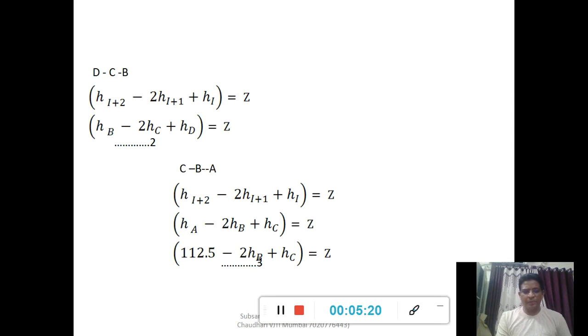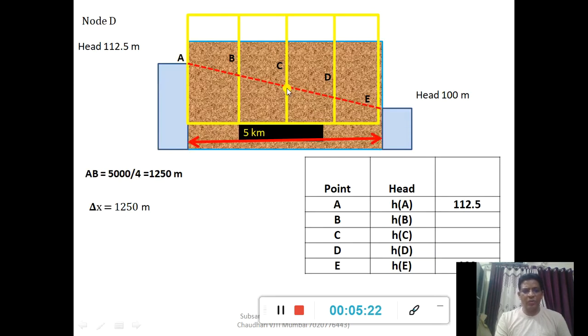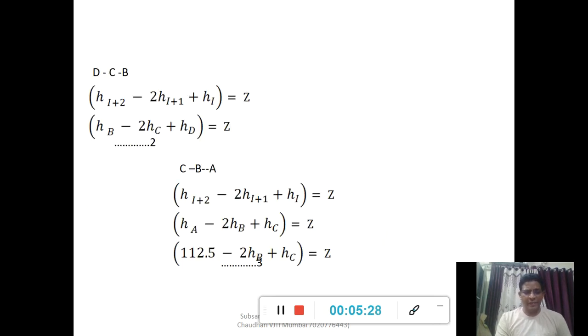Next, node C. In the forward direction, C, B, A: i+2 is A, i+1 is B, and i is C. So h of A minus 2 times h of B plus h of C equals z.